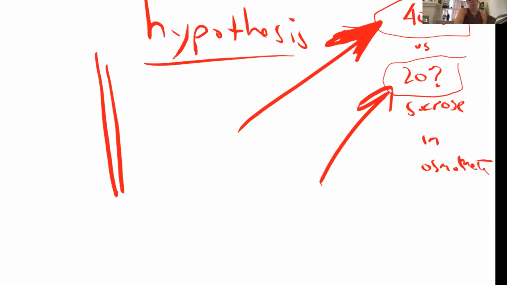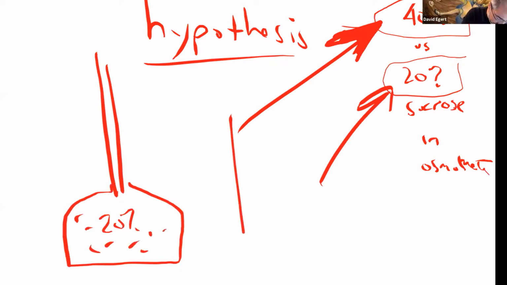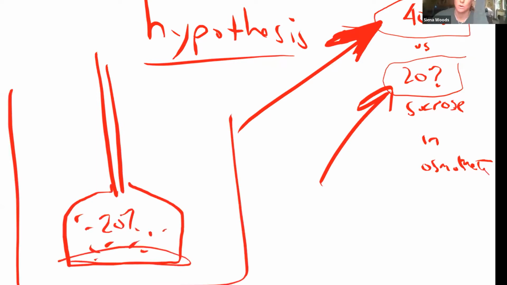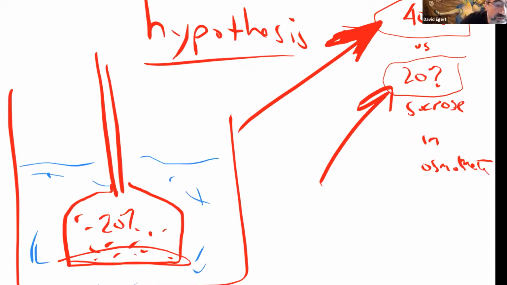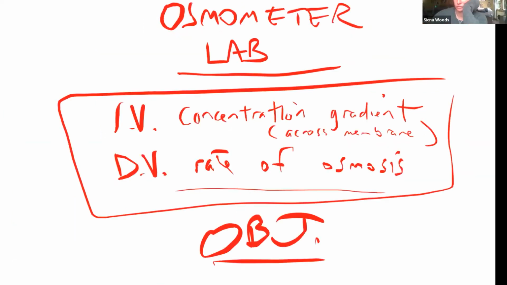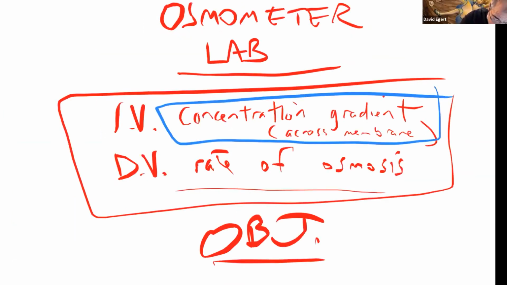Isn't it because the water is more attracted to a higher concentration, that it will move faster into the space? Right, and it's going to be important in your hypothesis that we're talking about concentration gradient. This is what's ultimately driving things.